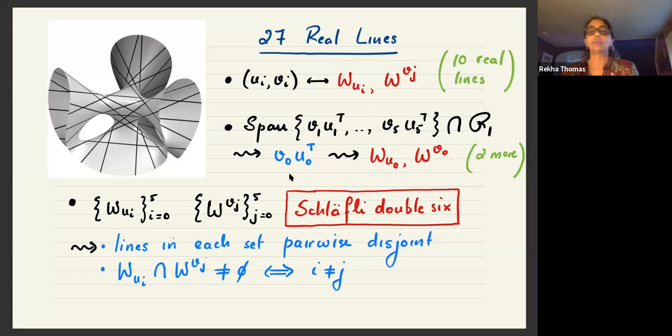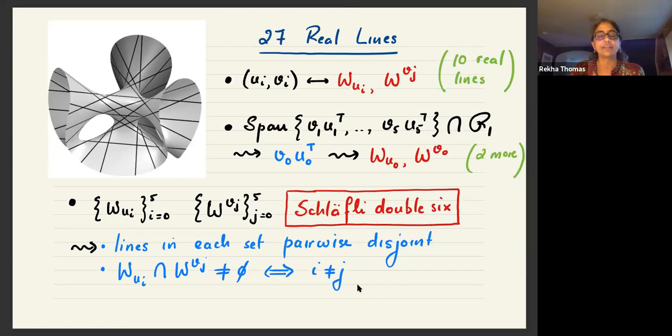Okay, so they form what's called a Schläfli double 6 on this cubic surface. So by definition, what that means is you have two sets of 6 lines, and in each set, the lines are pairwise disjoint. Okay, so they're mutually skew. They do not intersect pairwise. But if you look at a real line from the first set and a real line from the second set, so if you look at W_{U_i} and W_{V_j}, then they intersect if and only if i is not j.